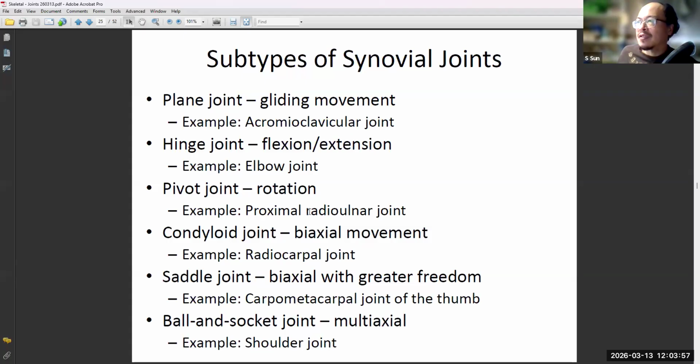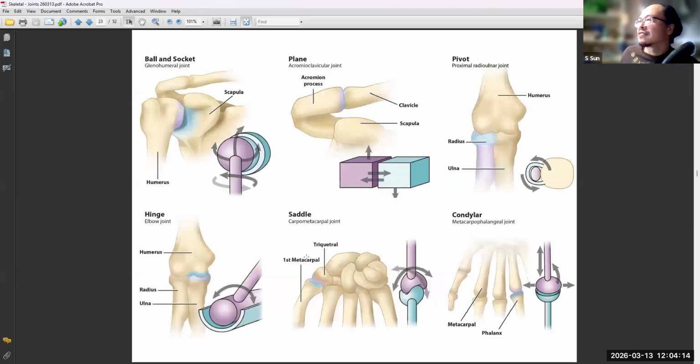Proximal radial ulnar joint. Condylar, like the radial carpal, or our finger, like the metacarpal phalange, yes.